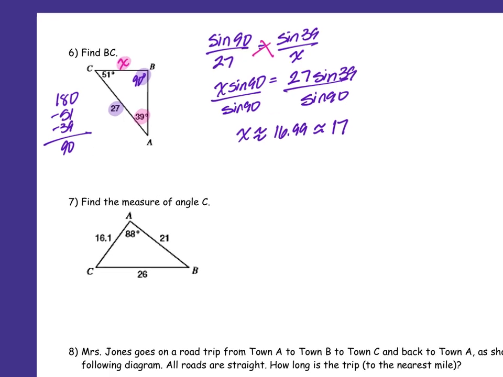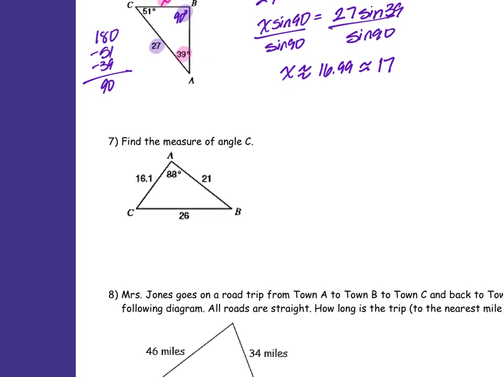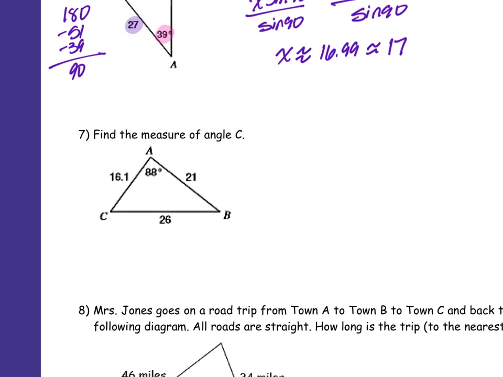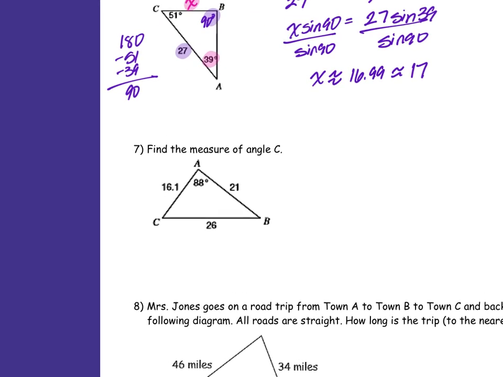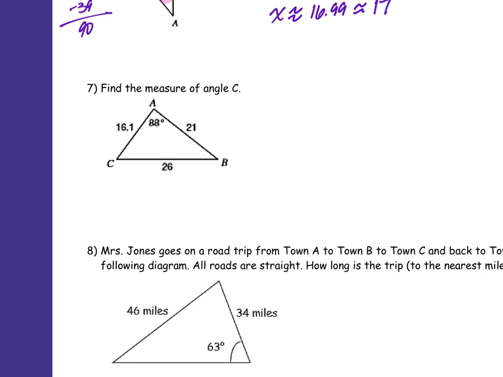Okay, so one says, now instead of finding a side, we're going to find an angle, which we can do with this too. We've done that before. The question was, how do I know how to place the numbers in the right space? The formula says A, B, and C, but it doesn't matter.